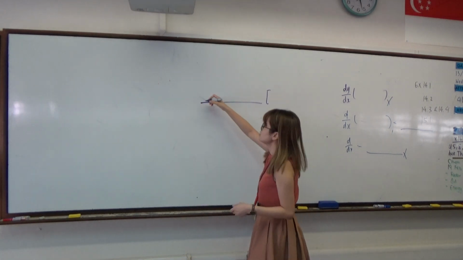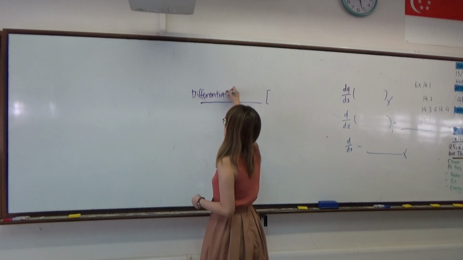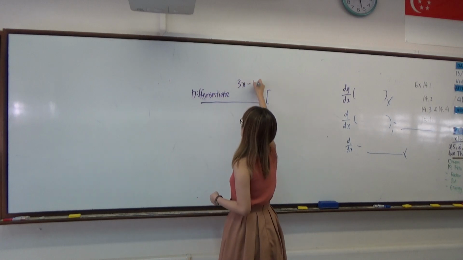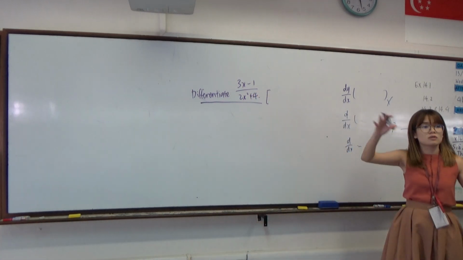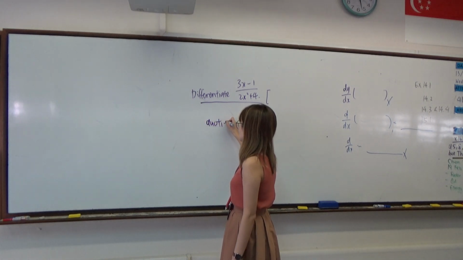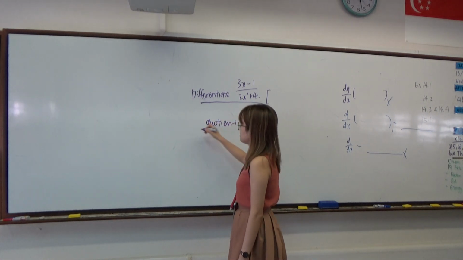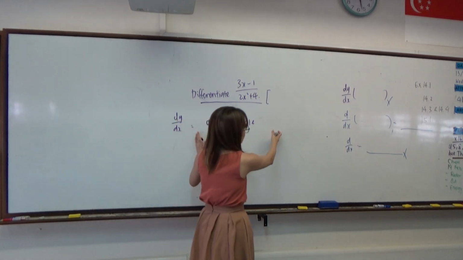They ask you to maybe differentiate something, maybe some 3x minus 1 over 2x squared plus 4. Then you differentiate this using your quotient rule. So you immediately apply your quotient rule, and then you get some answer.